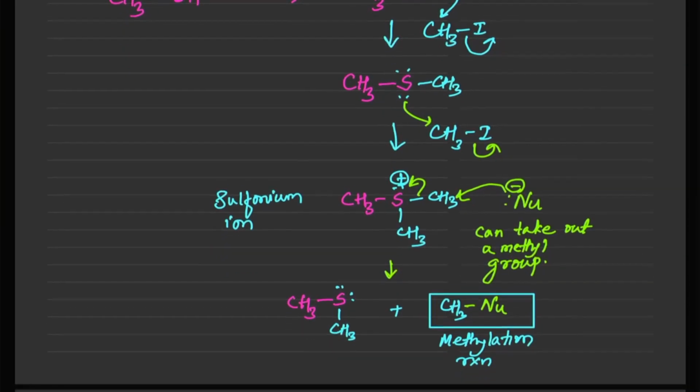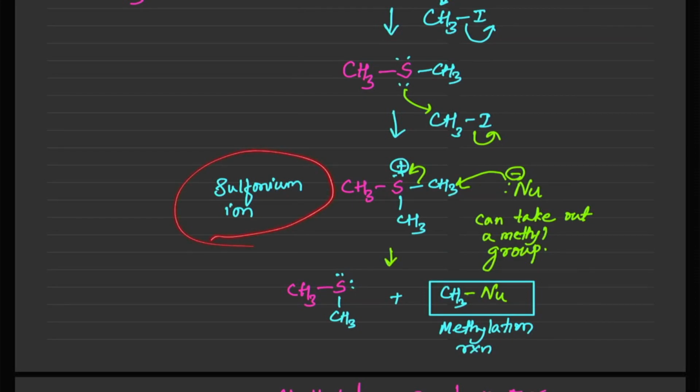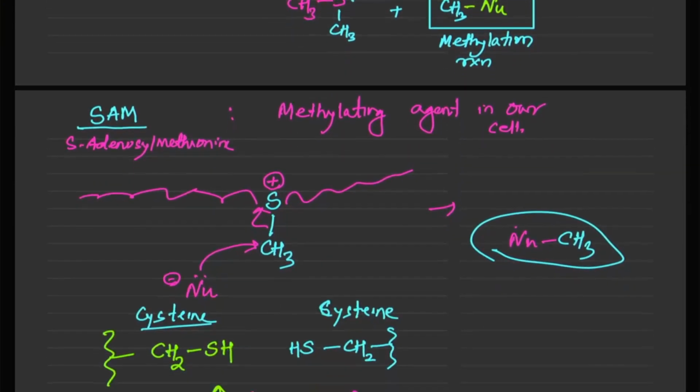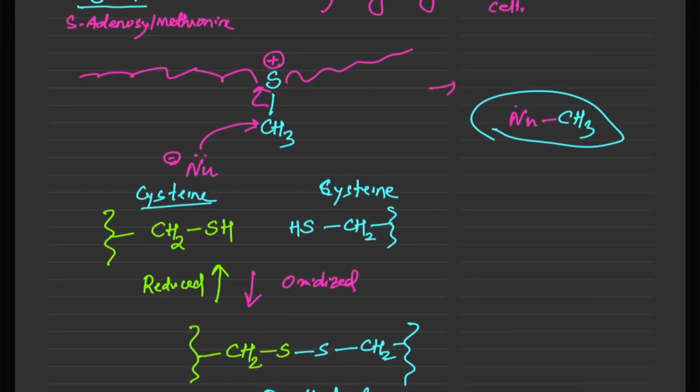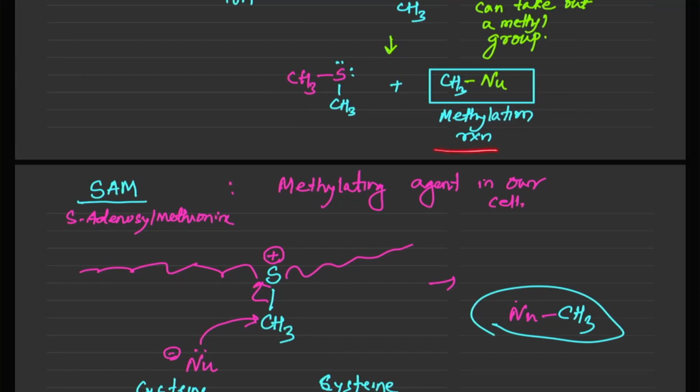And then we can create sulfonium ions from there. You can do a bunch of other oxidation reactions to make sulfoxides as well, but let's not worry about those. We focus on this methylation aspect of our study. Okay, let's stop here.